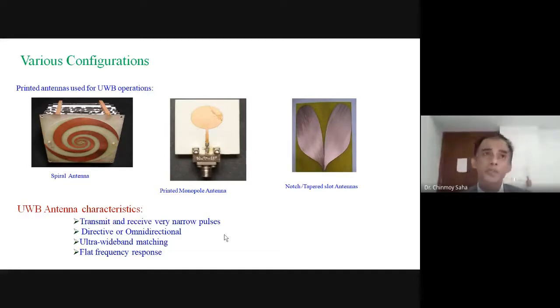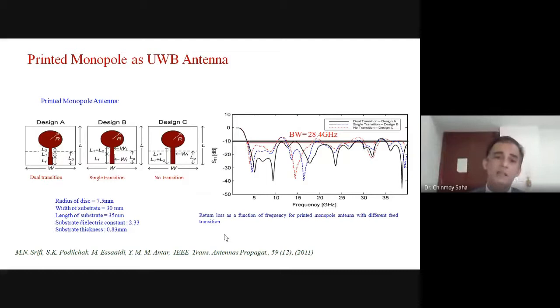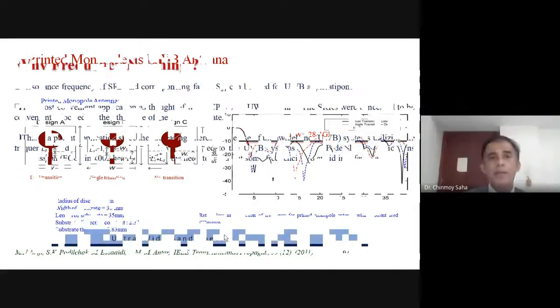Because when you say my system is wideband, you say it in terms of frequency, but time and frequency are orthogonal. If your signal is wideband in the frequency domain, it's basically narrowband in the time domain. So that's why it's the narrow pulses which are actually used for exciting these kinds of antennas. So these are some of the designs for ultra-wideband applications.